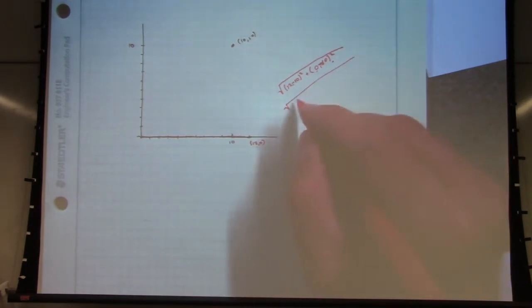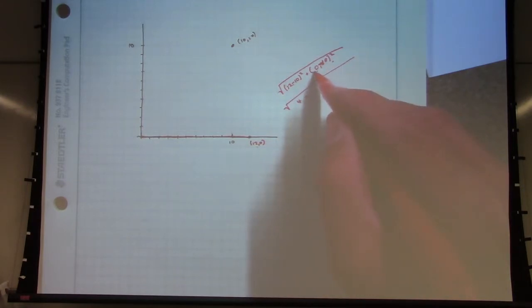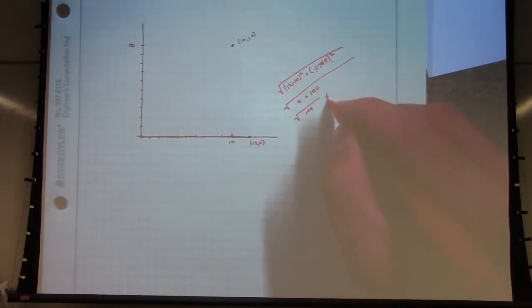So we have the square root of (12 minus 10), which is 2 squared, or 4, plus (0 minus 10) squared, which is 100. And I may not know what the square root of 104 is, but I know what it is not. 12. It is not 12.